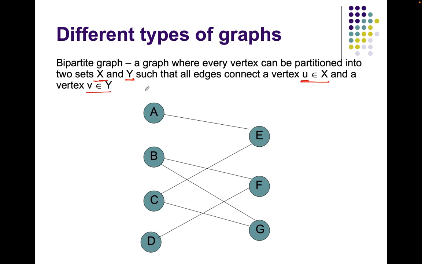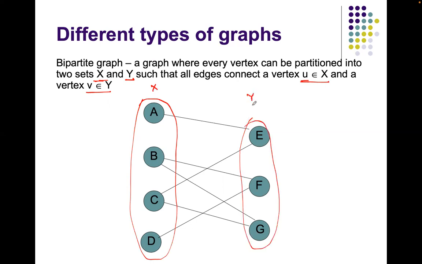For example, in this graph, if we consider this set of nodes as set X and this set of nodes as set Y, then for all the edges, one node comes from one set and the other node comes from the other set. There will not be any edge where both come from the same set.